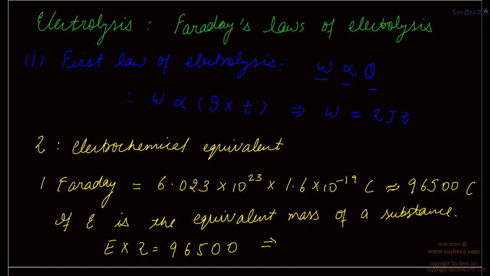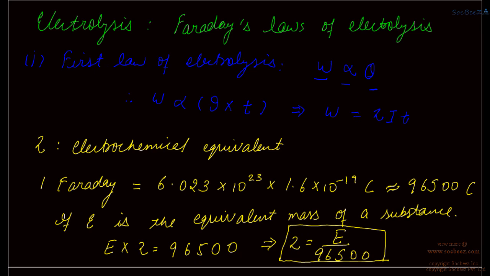So from here we get the value of Z as E upon 96500. So the electrochemical equivalent for a particular species with equivalent mass E is E upon 96500, and hence this is different for different species.